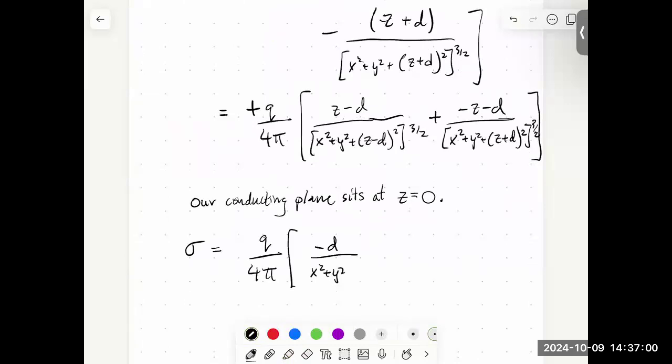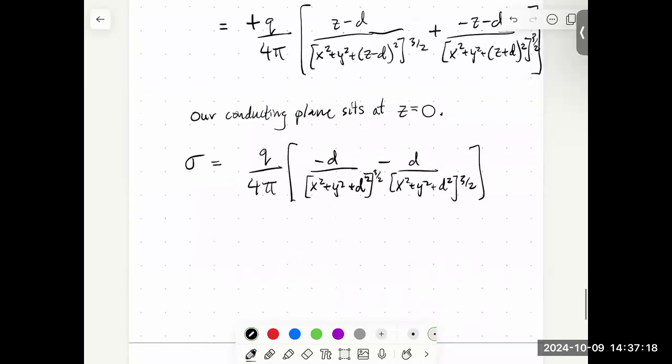And so we have minus d squared, which is just d squared. And then we have minus d, x squared plus y squared, z equals 0. So this is d squared. And now both of these things are to the 3/2 power. Okay, that's better. Now it is a common denominator. And in fact, I'm going to end up with a minus 2d.